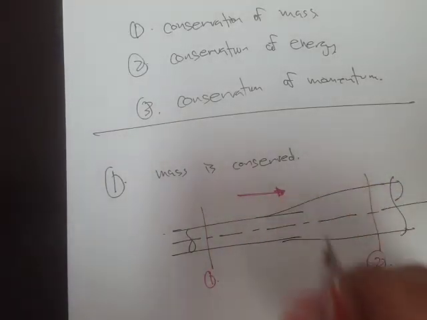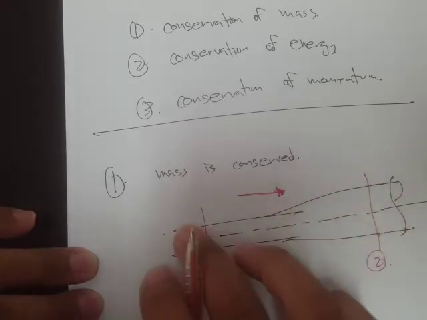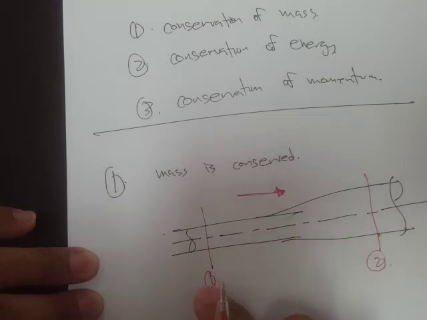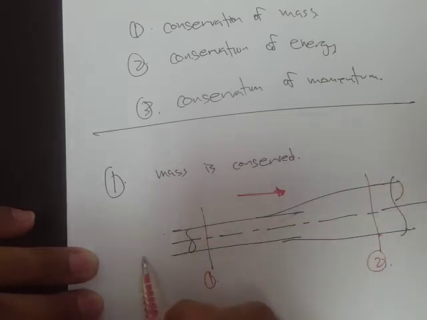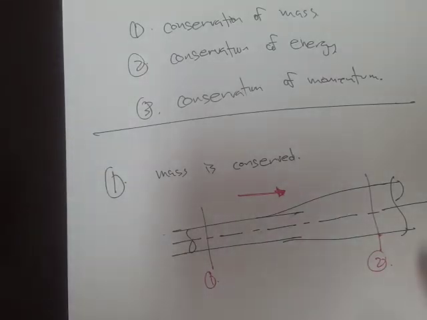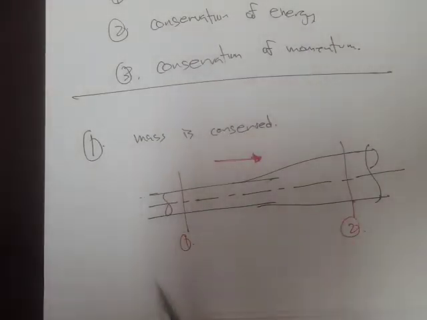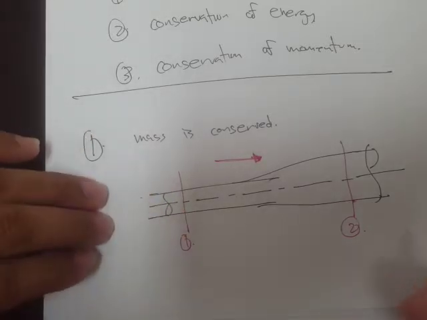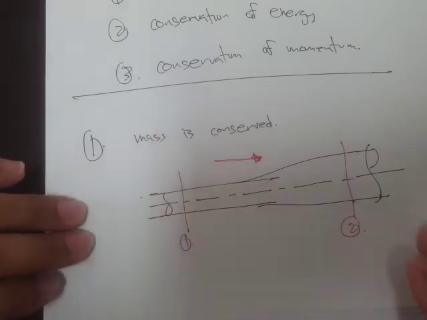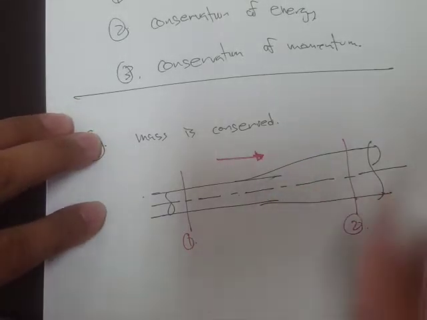This conservation of mass says that the mass that enters the system, bounded by point 1 and point 2, is the same mass that exits the system. That's for steady flow conditions, meaning that the properties don't change with time. So if the flow is steady, then the mass flow rate going into the system is the same mass flow rate that goes out of the system.